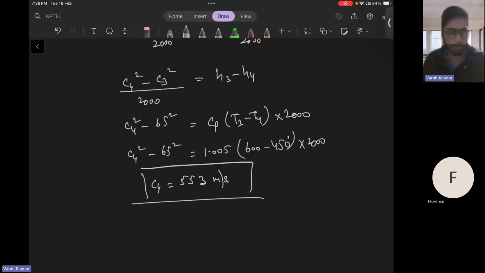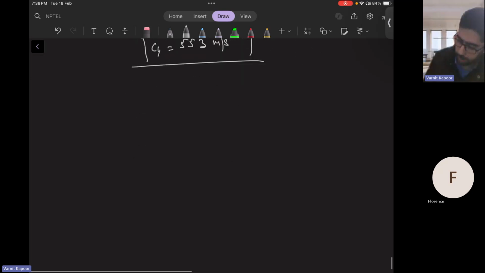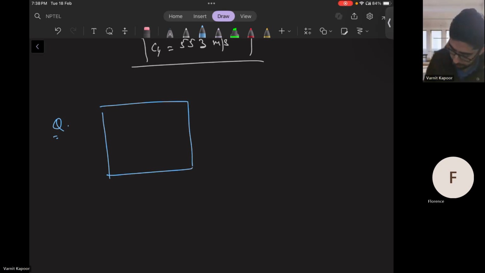Just a second. Okay, I think this question is understood by everyone. Any doubts? No doubts? We have a new question where we have an insulated chamber. It is separated.